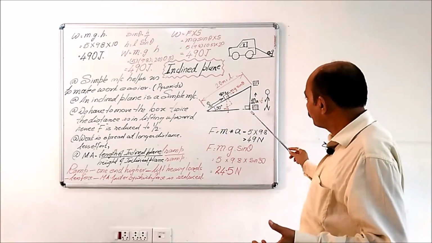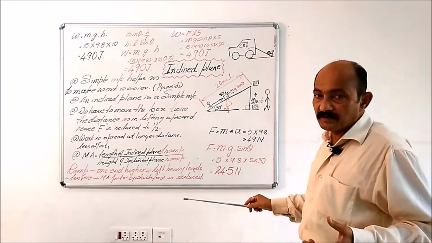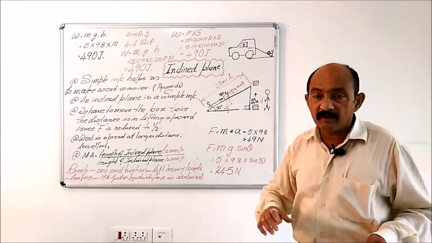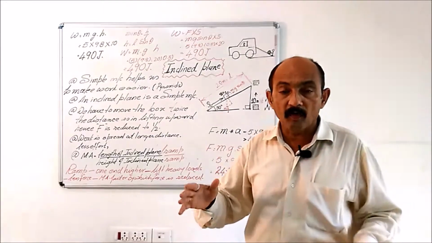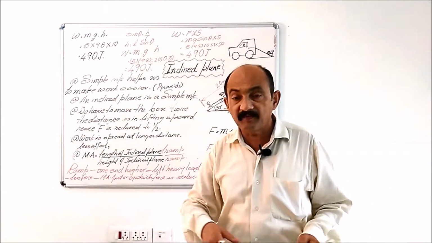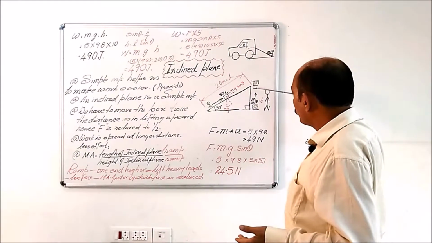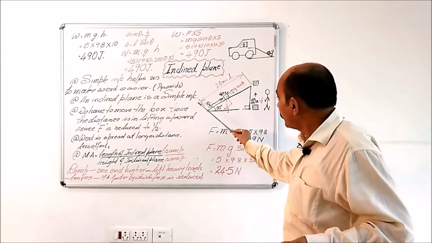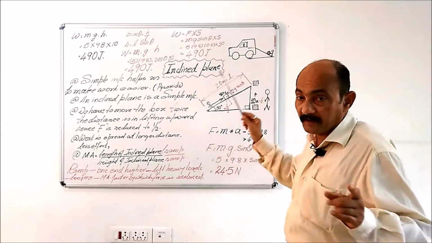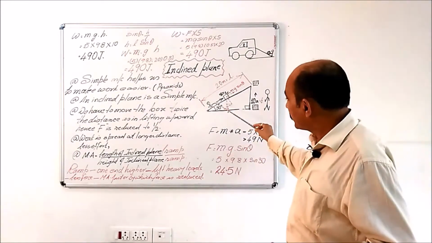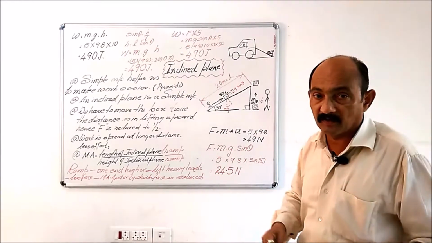We have to lift a weight of 5 kg on the inclined plane and vertically upward. So, let us see what is the force required to lift the load vertically upwards to a height of 10 meter and on an inclined plane to the same height. The inclined plane or the plank or the ramp is making an angle of 30 degree with the horizontal.